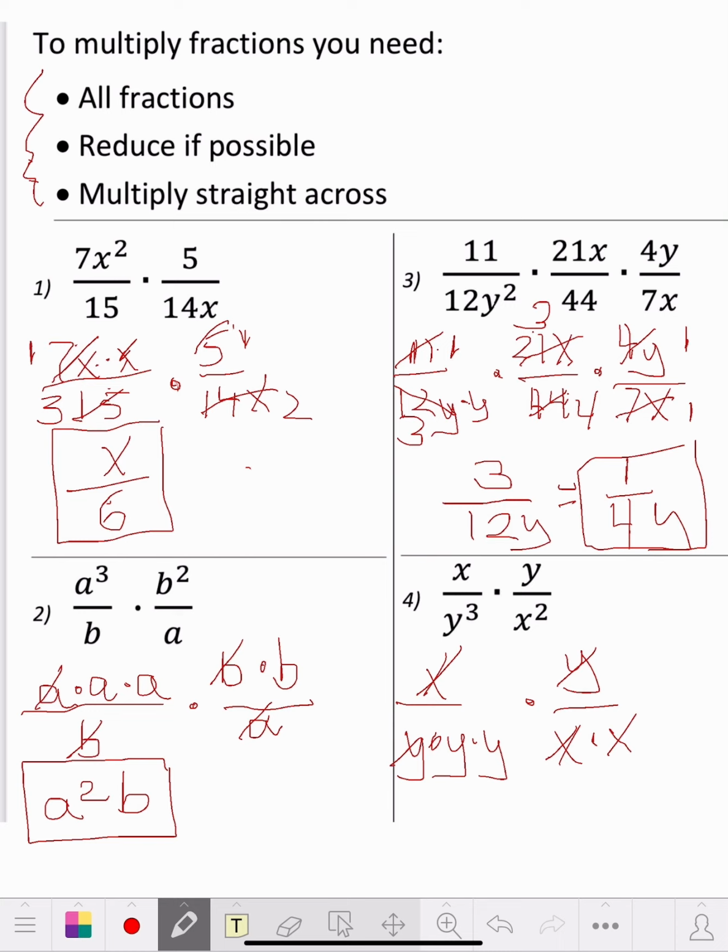I'm going to come down with a 1 at the top over y squared x. And that's it. That was all there was to it, okay? So, as you see, you reduce in the beginning and you reduce at the end, okay?